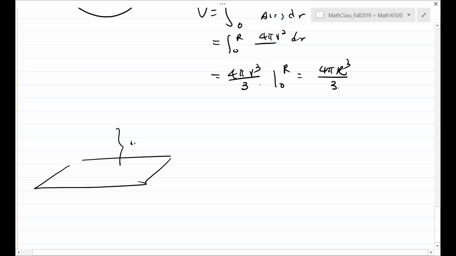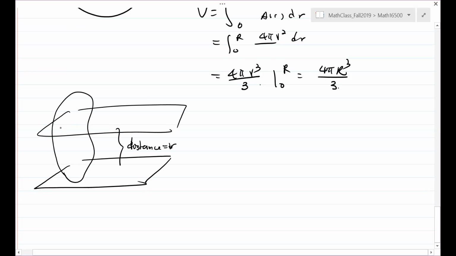The same distance, let's say distance equal to r, gives another plane. When r changes, you get a family of planes, and if there's a solid, you get a cross section. That's what I call the disk method. So we actually use a distance function to get the volume formula.